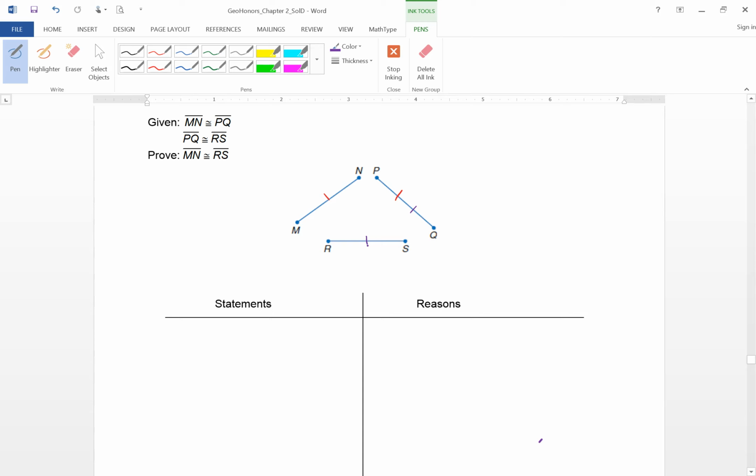I just want to use different colors for this one. Prove MN is congruent to RS. Now, obviously, it looks so blatantly obvious. But we have to prove it. Okay? So first I write down what I'm given. I'm given segment MN congruent to PQ, PQ congruent to RS.